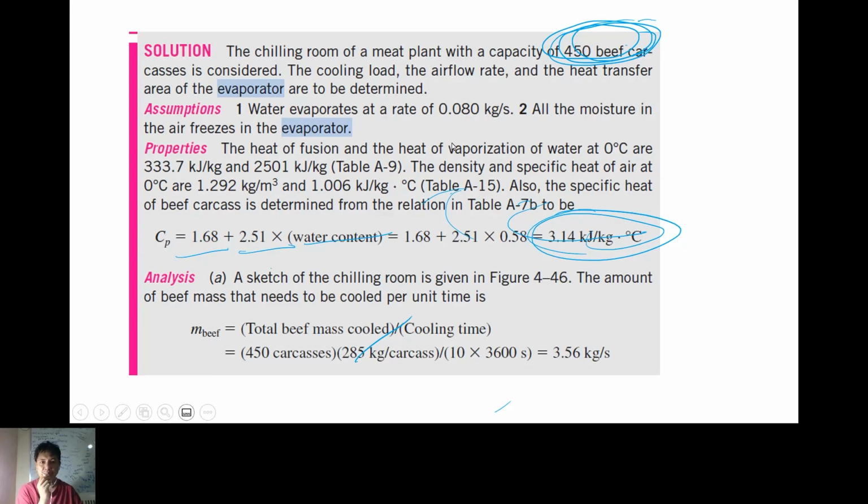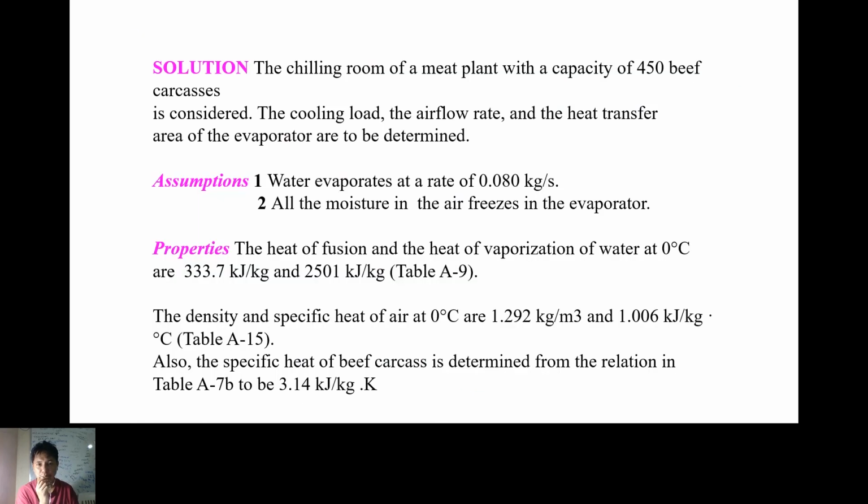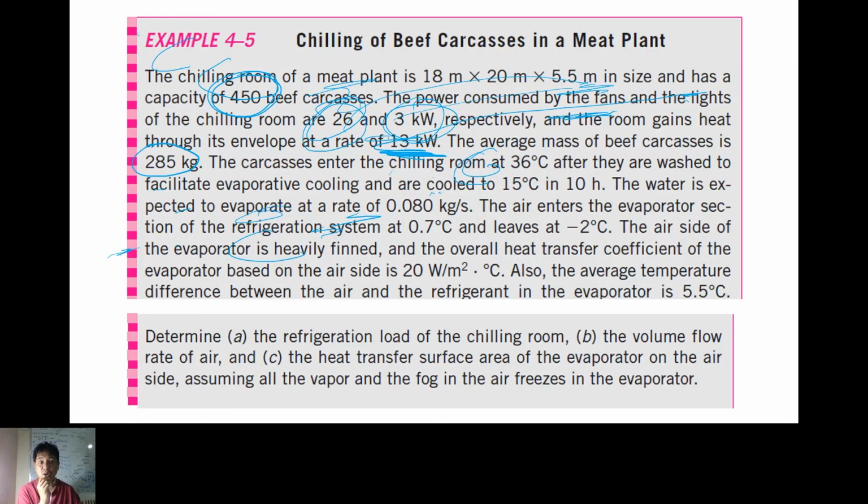We start with the beef. How do we compute for the beef? We have 450 cows, 285 kilos each. Then we divide by 10, because it is per time; it is mass flow, the mass flow of heat. How many hours will they be cooled? 10 hours.